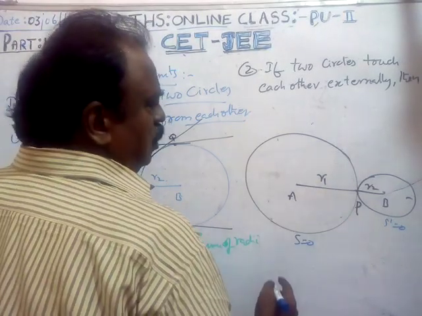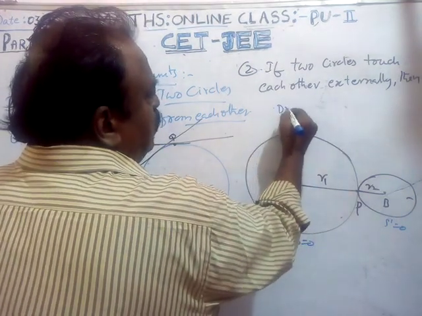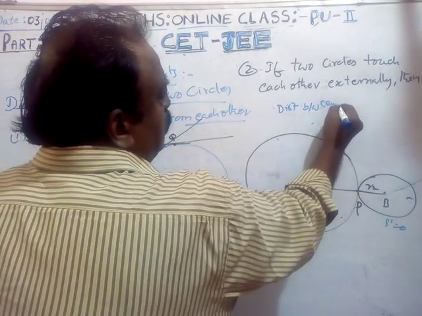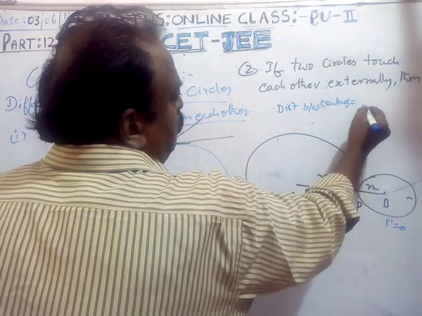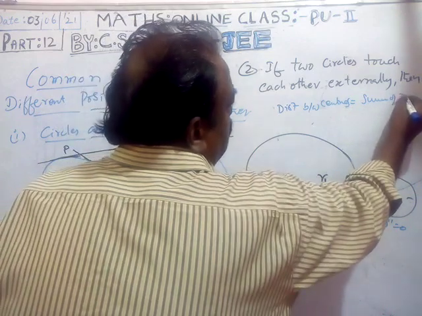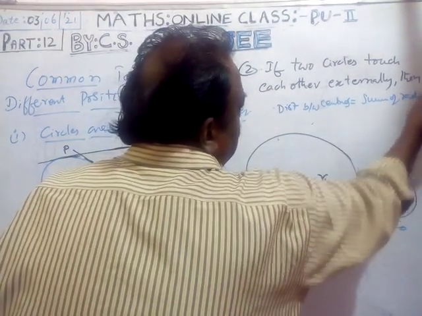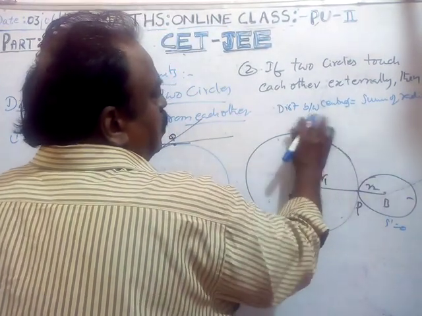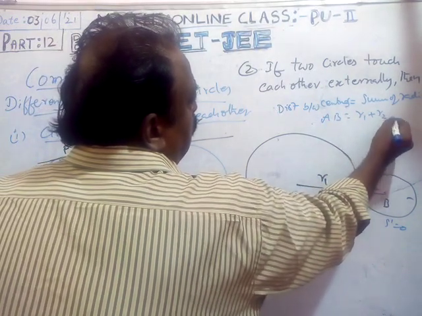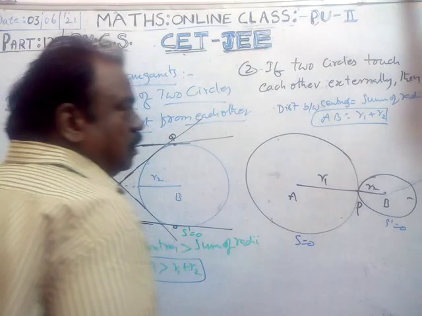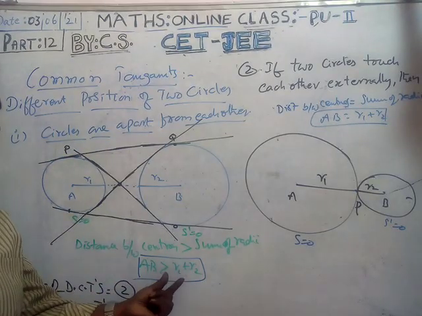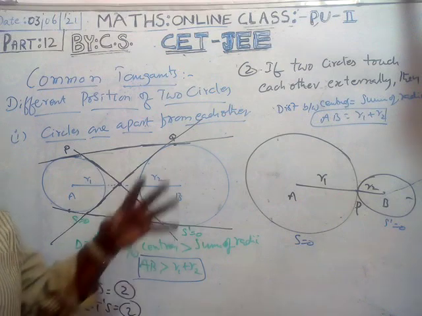Now here you see, the distance between centers is equal to the sum of radii. That means AB is equal to R1 plus R2. Earlier AB was greater than R1 plus R2, but here they are equal.